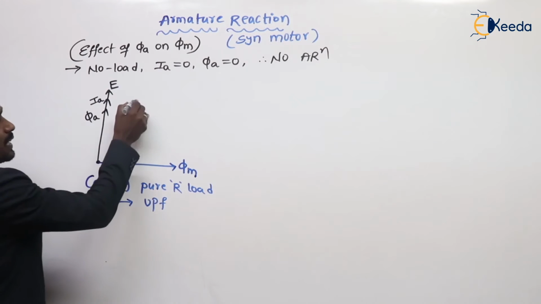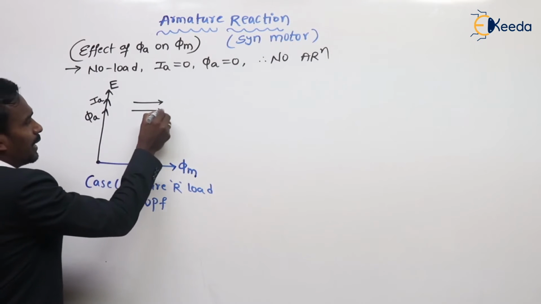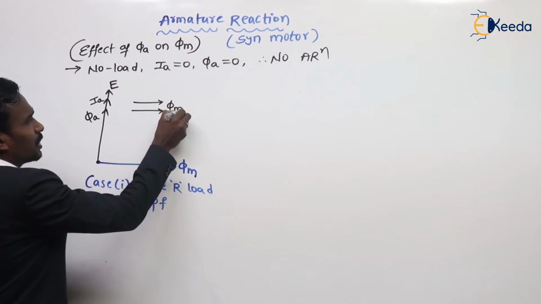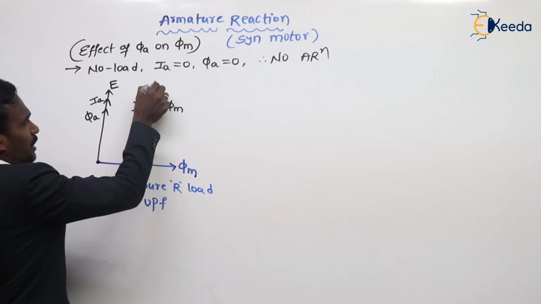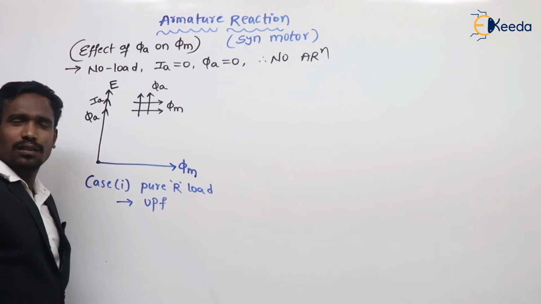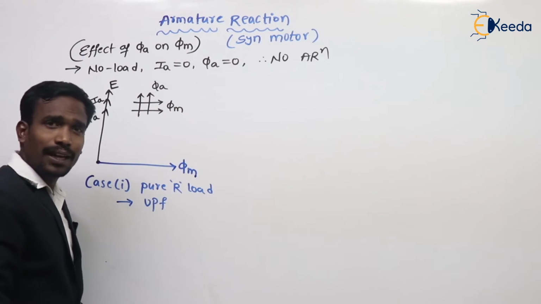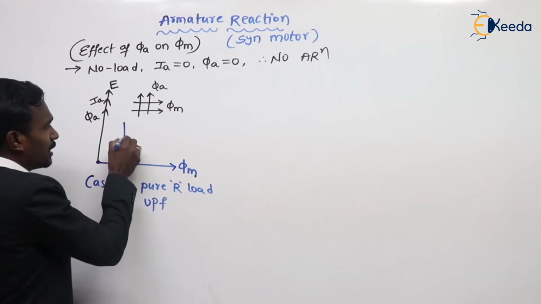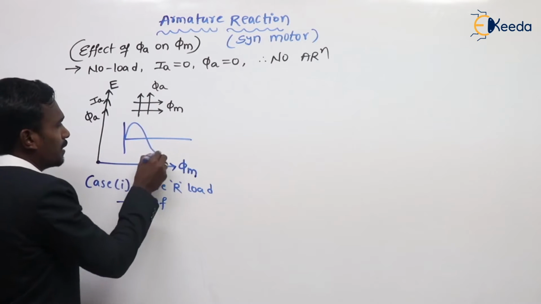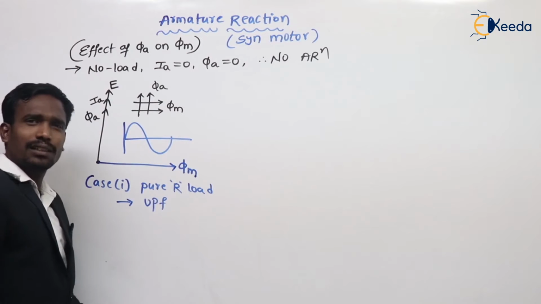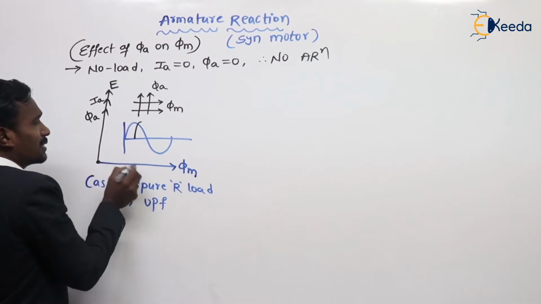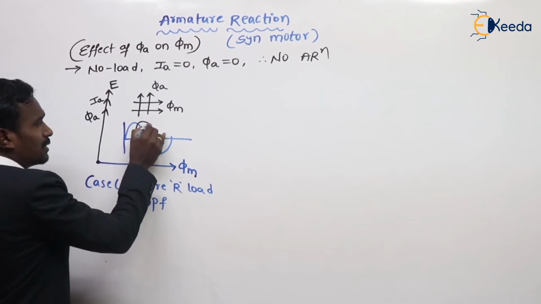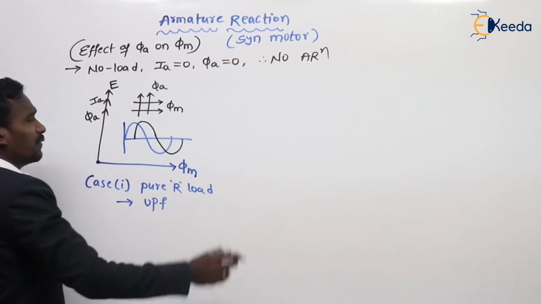This armature current produces the armature flux. Observe the diagram: this is my main field flux direction, and after 90 degrees, this is my armature flux direction.